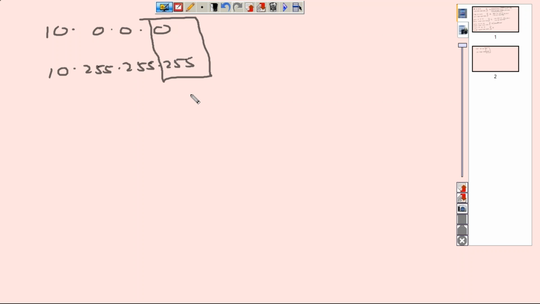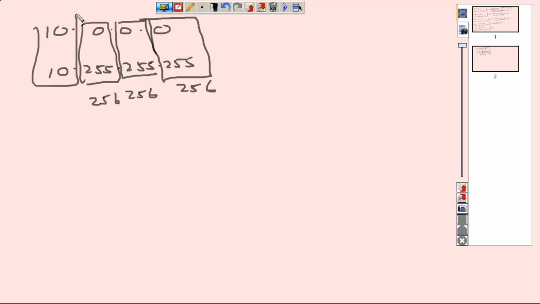In the IP address subnetting world, we always start counting from 0, 1, 2, 3. So 0 to 255 is actually 256. And in this section again, how many IP addresses? The same, 256. And here, another 256. Here, of course, there is nothing, right?